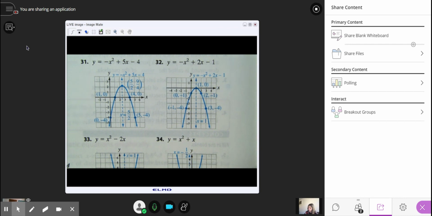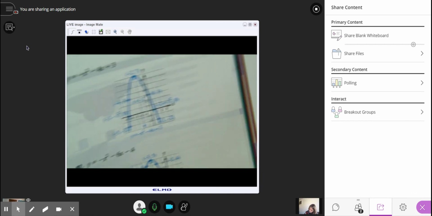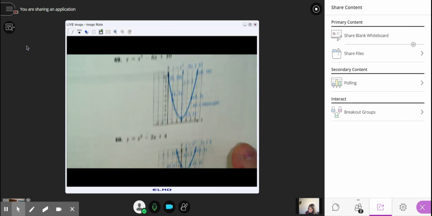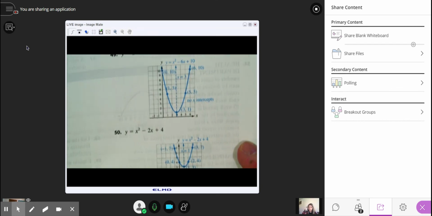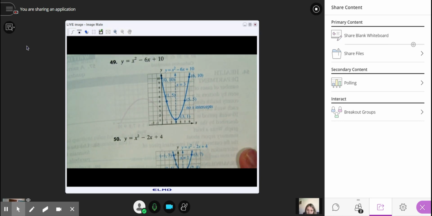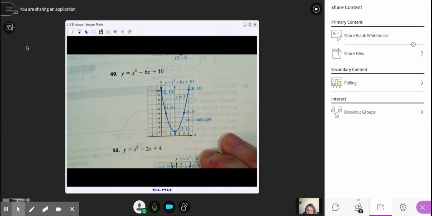And if, for any reason, you get a graph like 49 or 50. Do you see how those don't touch the x-axis? There are no real solutions to these equations. There's no x value that will work.